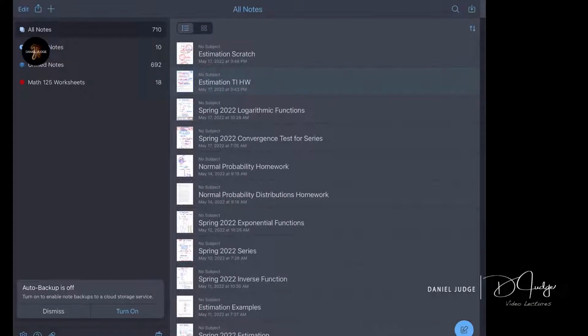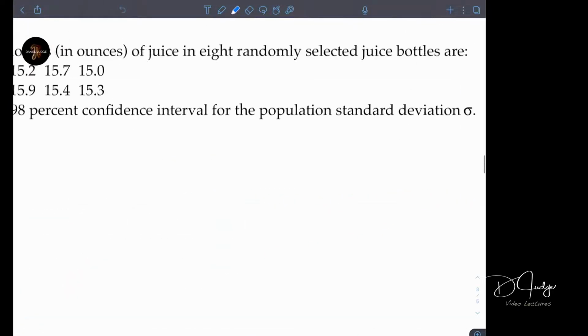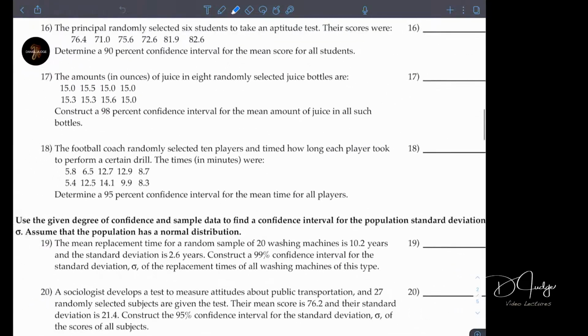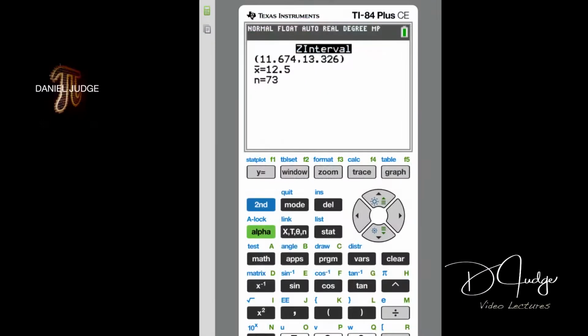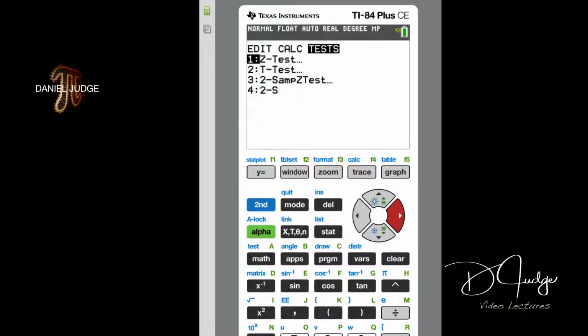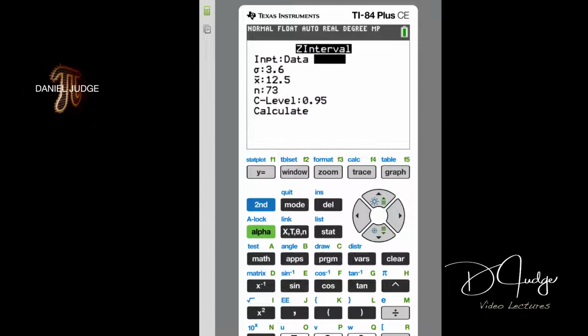Number 7 is bothering me. That's 43 packages, not 73 packages. So let's try that one again. Let's try it with 43 packages. Stat, test, Z interval number 7.